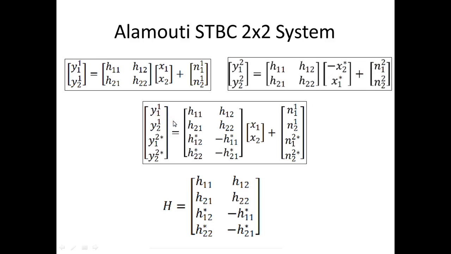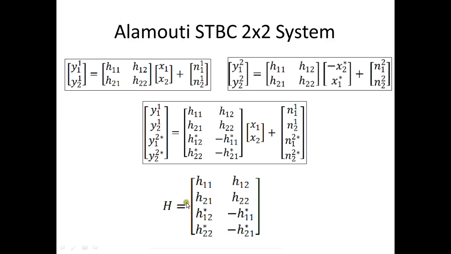Now with some rearrangement and modifications, the entire system for both the time instants has been modeled as Y11, Y21, Y12 conjugate, Y22 conjugate, which are the 4 received symbols, and this is the channel matrix, and these are the transmitted symbols X1 from transmitter 1 and X2 from transmitter 2, and these are the received noise powers at the receiver end in both the time instants.